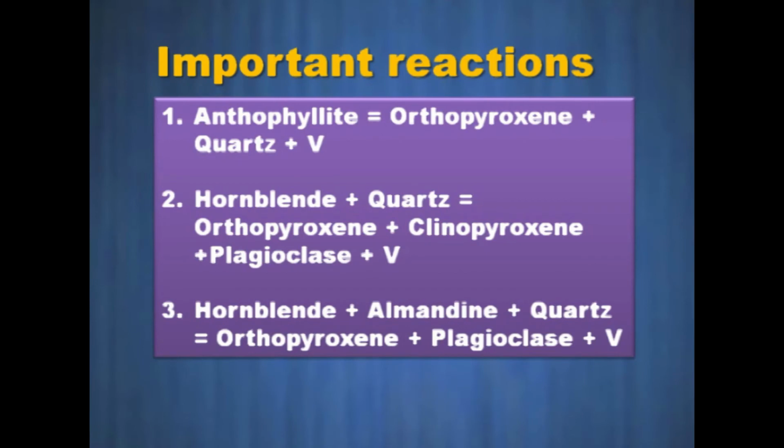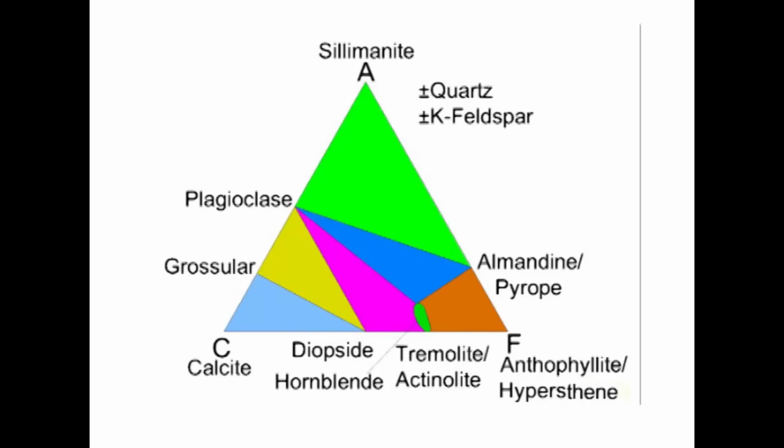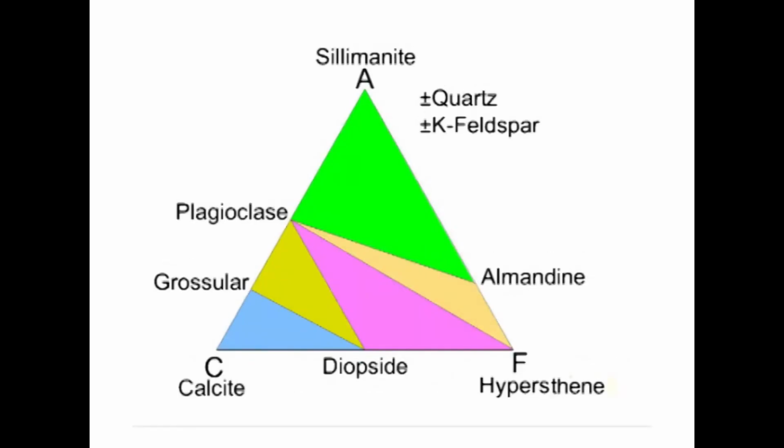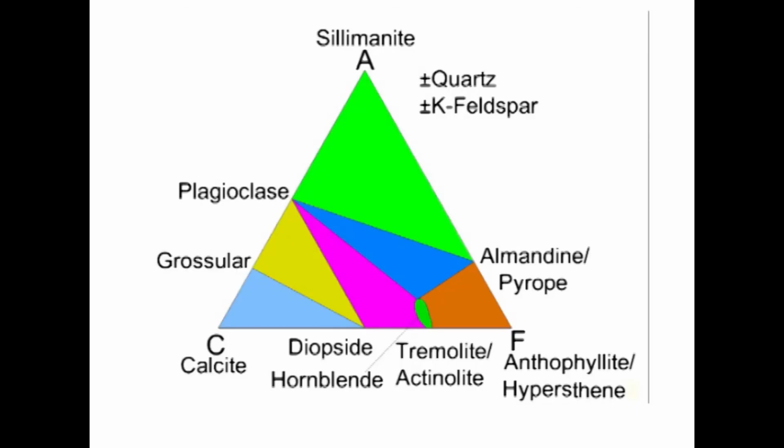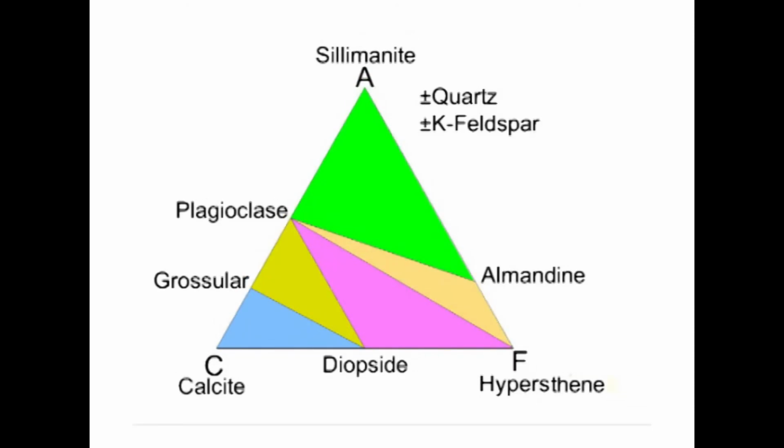Second reaction: hornblende plus quartz give rise to orthopyroxene plus clinopyroxene plus plagioclase plus vapor. Third reaction: hornblende plus almandine garnet plus quartz give rise to orthopyroxene plus plagioclase plus vapor. Disappearance of hornblende and anthophyllite marks the beginning of the granulite facies.